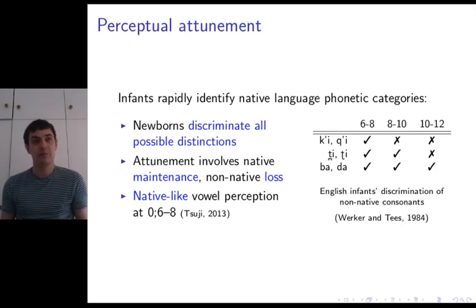And really, perceptual attunement has been described as featuring two main changes in infant sensitivity. So that is the maintenance of native categories and the loss of all others. So by the age of 1 year, infants who are exposed to English have lost their sensitivity to these non-native, subcoronal distinctions that are present in languages like Hindi.